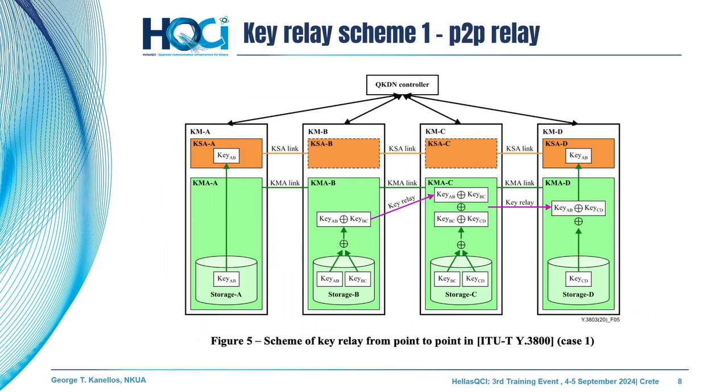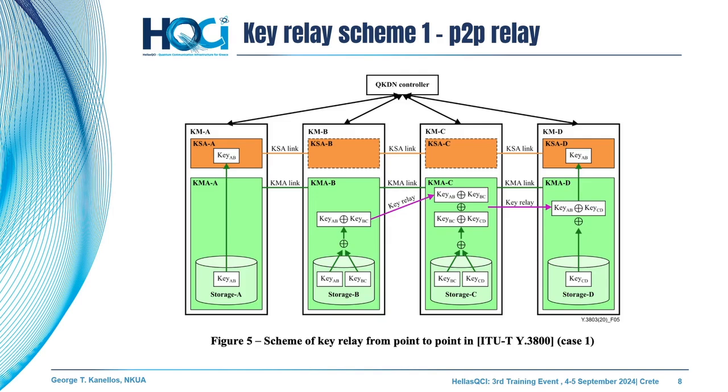We have, as I previously mentioned, a few schemes on the key relay. The first one is, suppose the simplest case, the linear case where you have QKD appliances, one next to the other. So we have a QKD box in node A and another QKD box in node B. So they exchange the same key, say key AB.